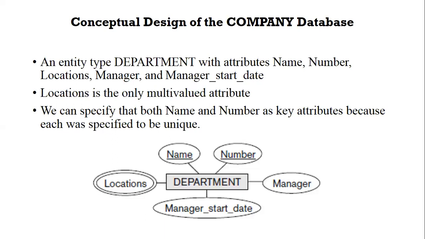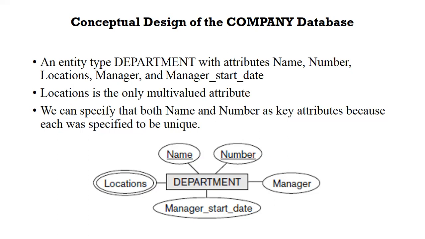The next thing is the conceptual design of the company database. You can see how the conceptual design of the company database has been presented here. Here department is the entity type with several attributes such as name, number, location, manager, and manager start date. Location is the only multi-valued attribute because this particular department can operate in many locations.